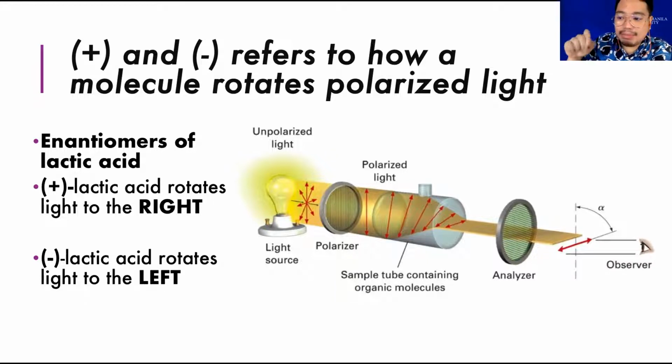Plus enantiomers, or dextrorotatory enantiomers, will rotate light towards the right, and negative or levorotatory enantiomers will rotate light to the left. So plus meaning positive angles in math and physics, if you know your angle planes, and negative means towards the left. Okay.